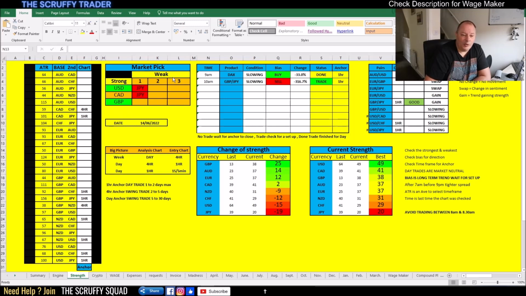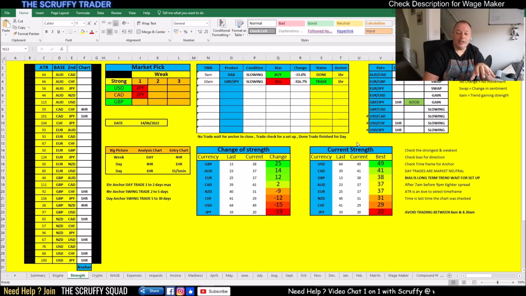And it'll put up here a market pick. Now this is driven from that, and it's looking for the strongest and weakest at the time. But the currencies that I pay attention to are these bunch, because these are the majors. And if there's something in here, I'll trade this before I'll trade that. Why? Because there's more chance these things are going to shift.